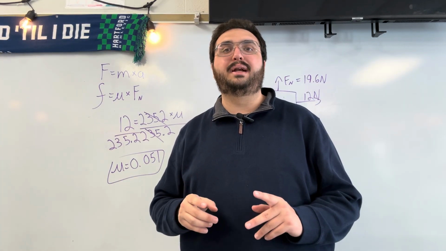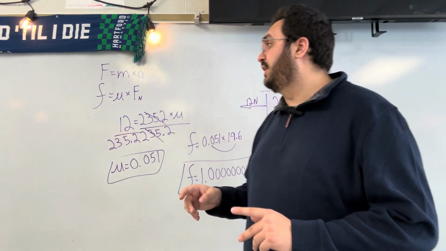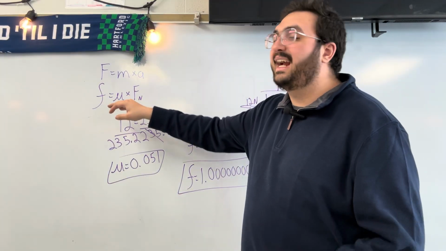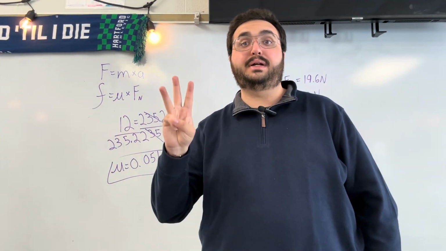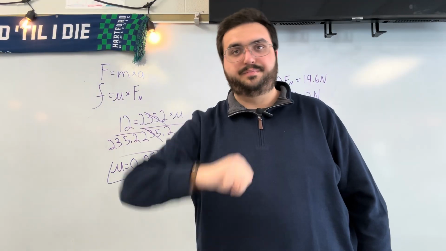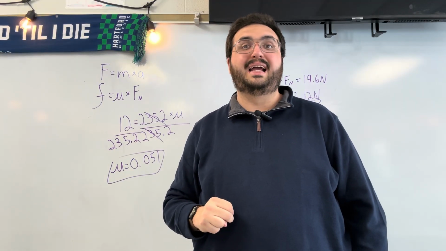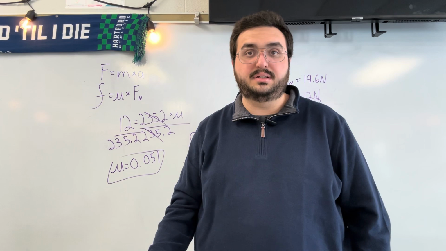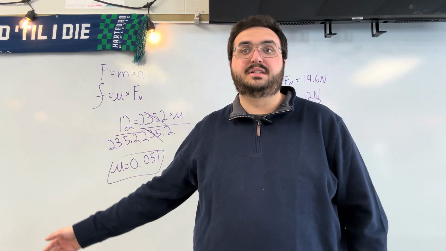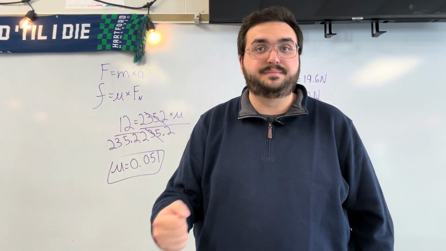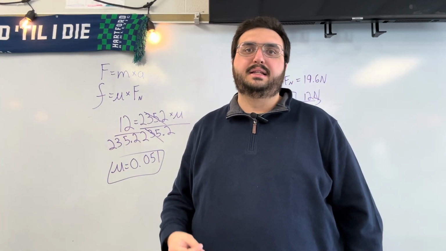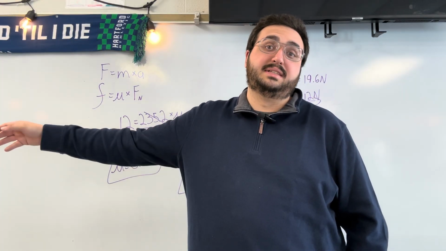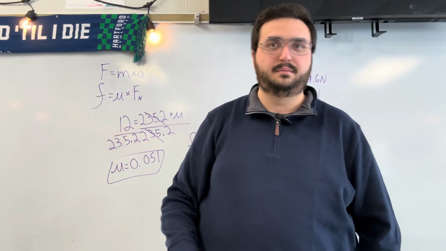The last thing I do want to point out, I've been saying coefficient of friction, technically speaking, for any given surface, they have not one, not three, but two coefficients of friction. A static coefficient of friction, which is the coefficient of friction before the object starts moving, and a kinetic coefficient of friction, the coefficient of friction of the object once it already has begun to move.